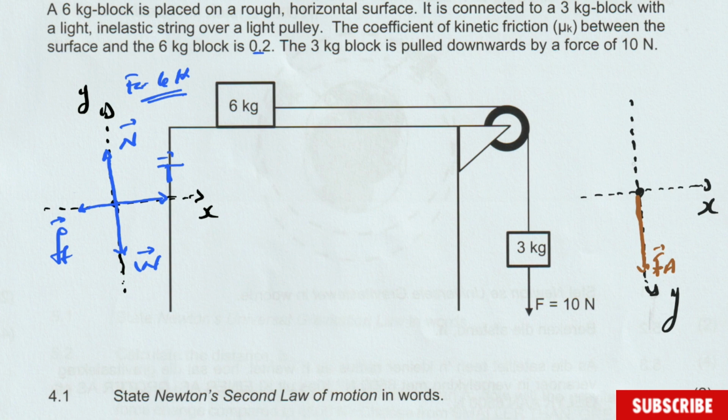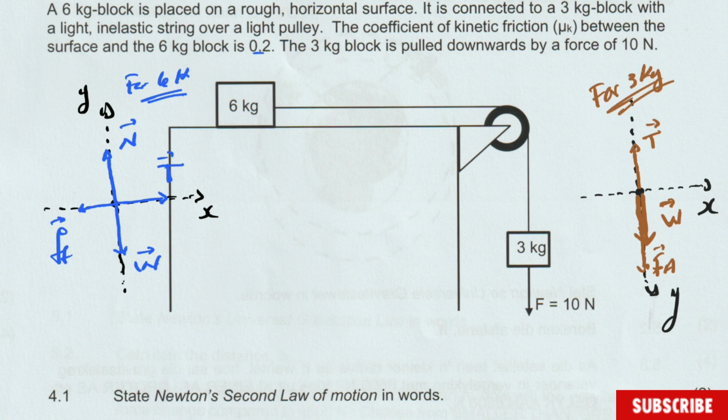There is also going to be tension pointing up, in the opposite direction. This is tension here. And there is also weight, and weight is also pointing down in the same direction as the applied force. This one here is going to be weight for this 3 kilogram block.